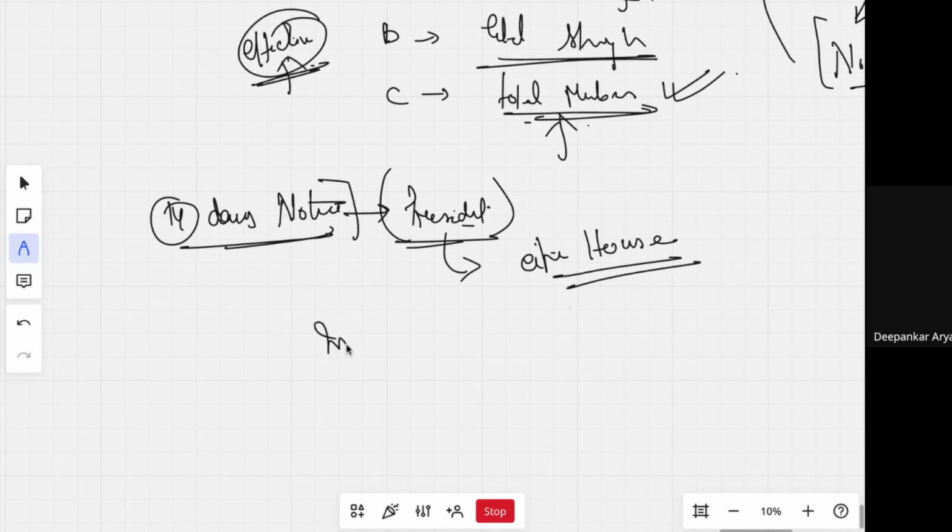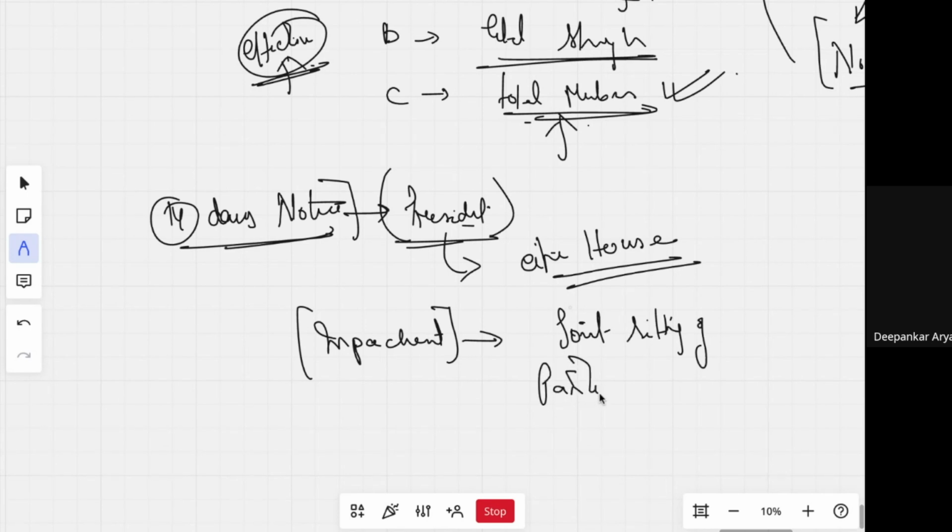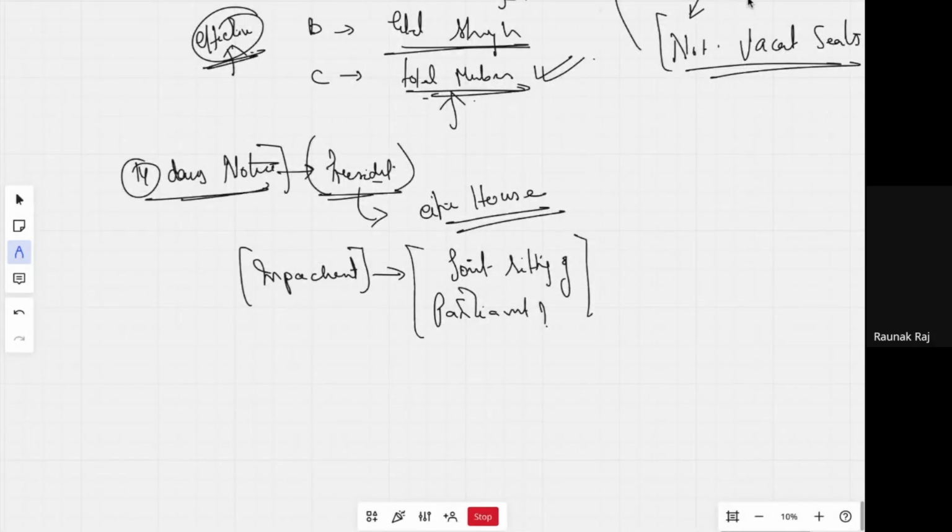Now, can impeachment take place during a joint sitting of Parliament? No, sir. Lok Sabha can prevail, sir. Because it has the majority, right? Then why is there a concept of joint session of Parliament?